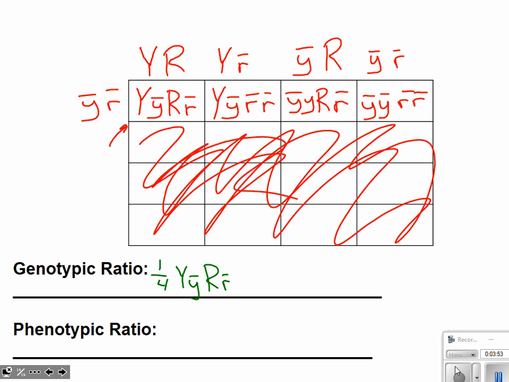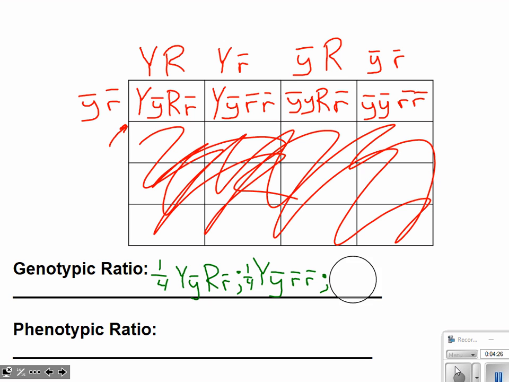Now, like I told Dylan the other day, what I'll do now is I'll put a semicolon to separate. What's my next one? Capital Y, lowercase y, lowercase r, lowercase r. Are any of those like that one? So what is my ratio? 1 out of 4. My next one is lowercase y.